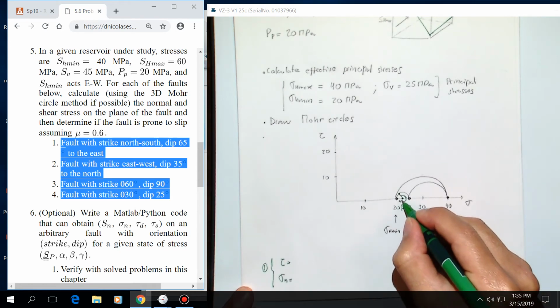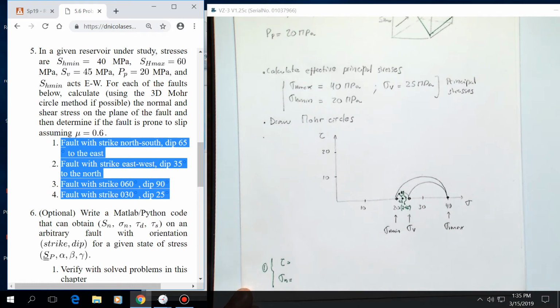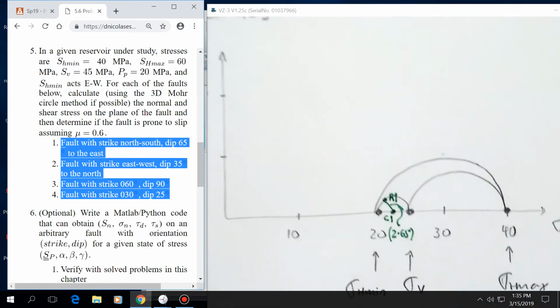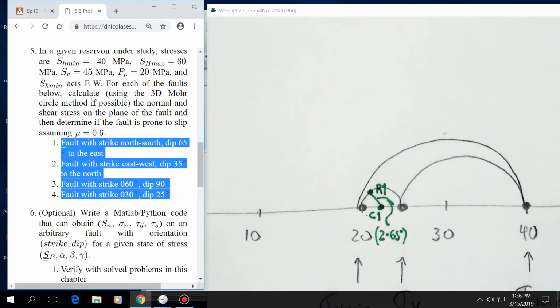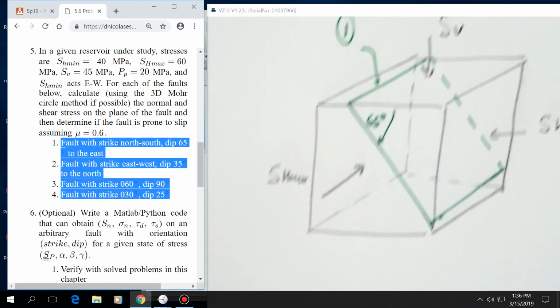Let's call this one C1 and this one R1, and that depends on the values of, let me zoom in, sigma H min and sigma V, because we were looking at that plane.